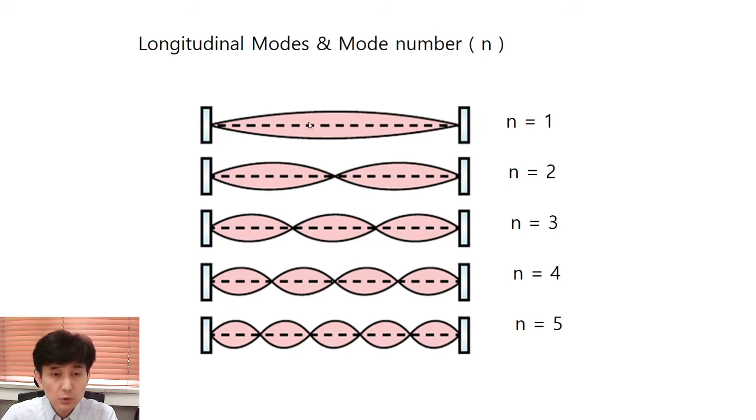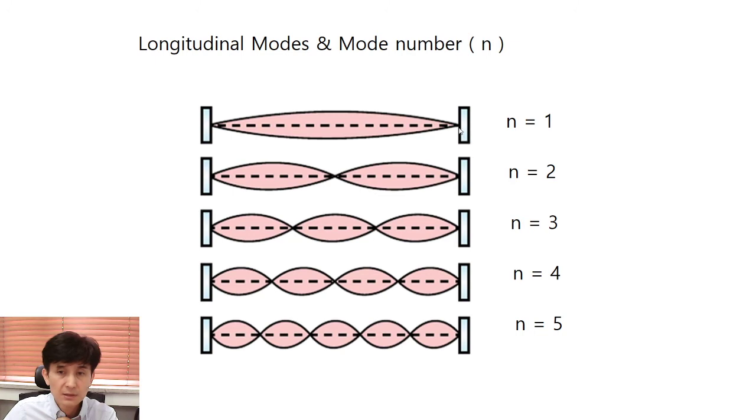If we put two mirrors around a medium, then we can think about the longitudinal mode, or longitudinal mode number n. When n is equal to 1, that means within this cavity there is one complete round trip oscillation cycle.